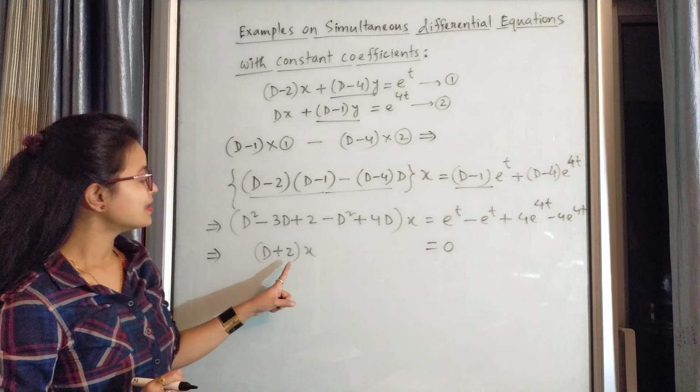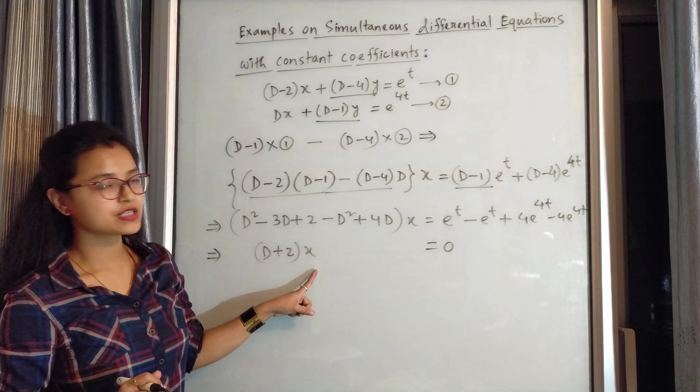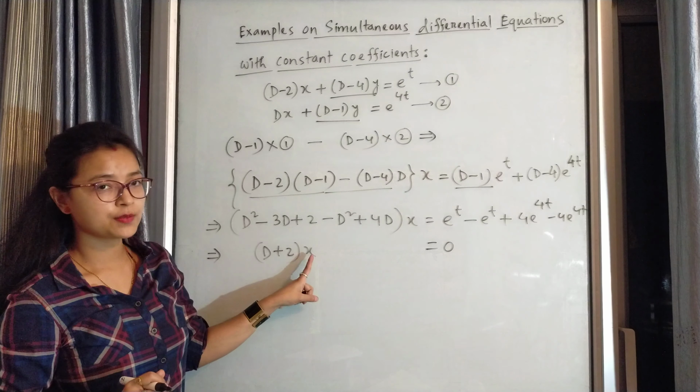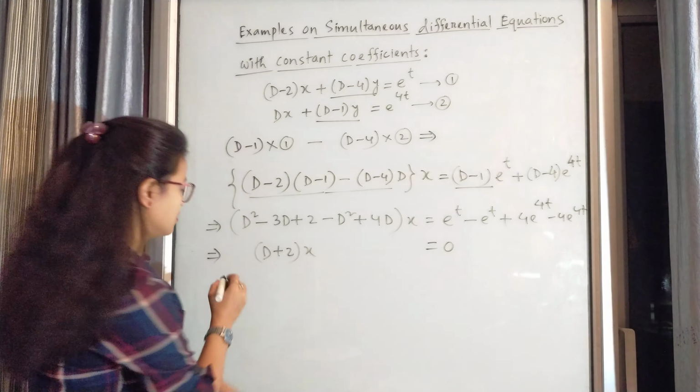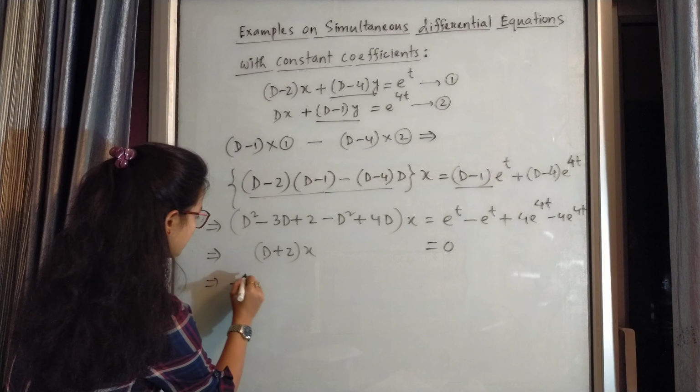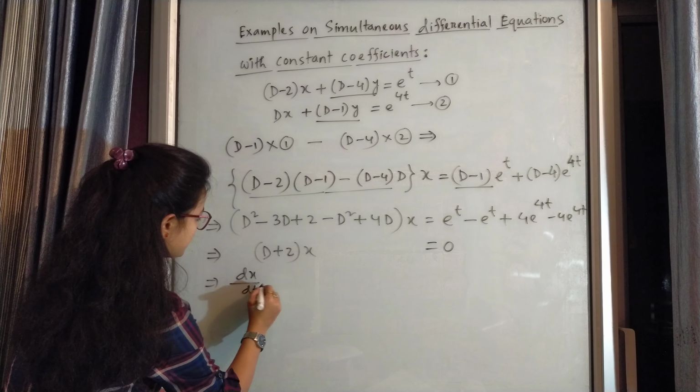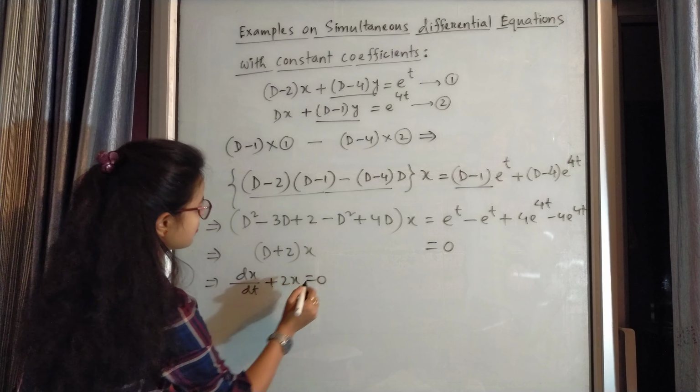As you can see, this is simply a linear differential equation in the dependent variable x and independent variable t. To make it clearer, you can write this as dx/dt + 2x = 0.